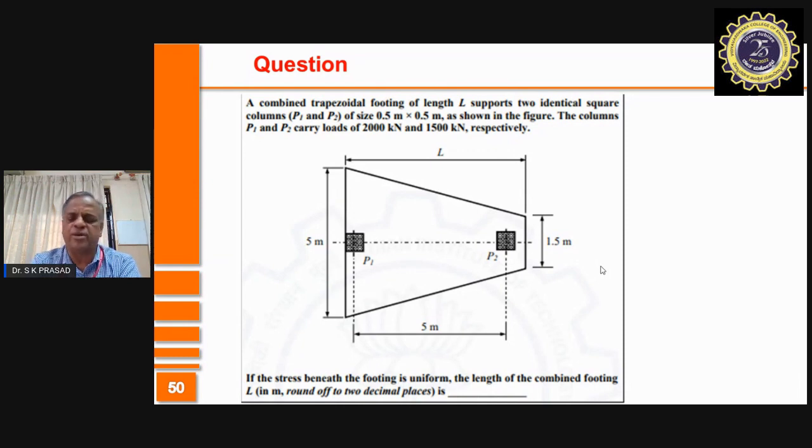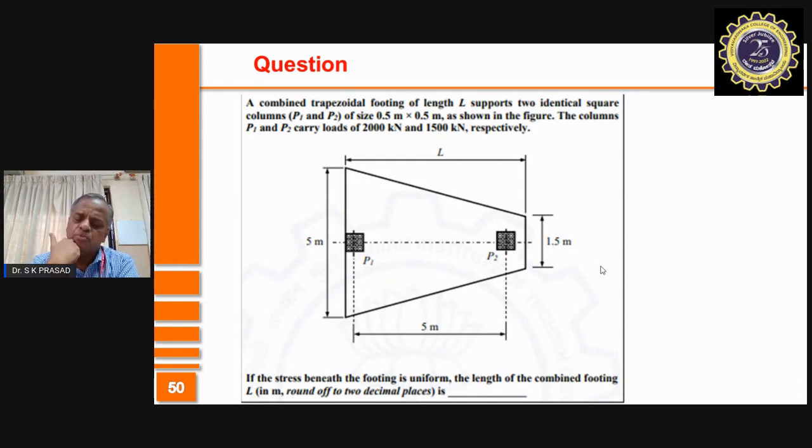But not always can you go for isolated footing. Sometimes you may have to go for combined footing. When will you go for combined footing? The most important reason is when one of the columns is at the edge of the property line. You can't extend the foundation beyond the edge of the column. The other important reason can be that two columns are heavily loaded and close by.